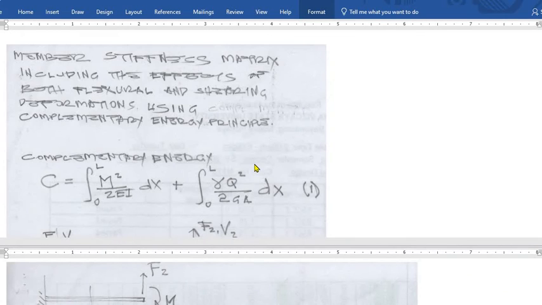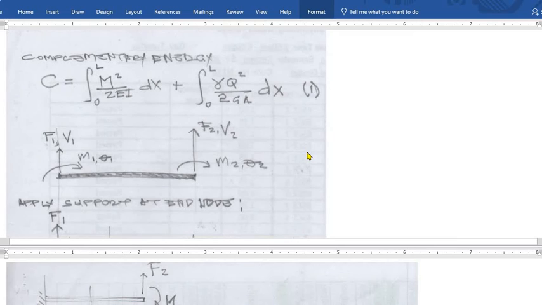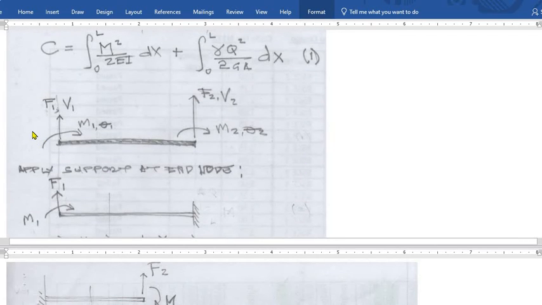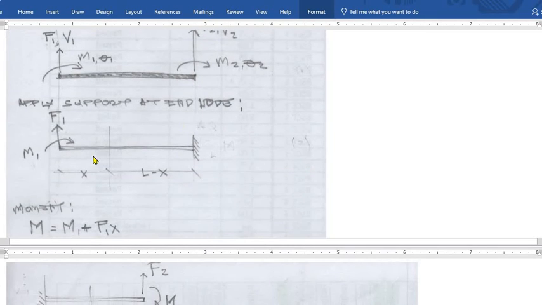And then, repeating the procedure from the complementary energy principle, this is our figure, the member. So we have F1v1 here at point 1, and at the other end, point 2, we have F2v2, and then applying a support at the end node. Okay, so let's say we cut a section here. This end node, we made it a support.